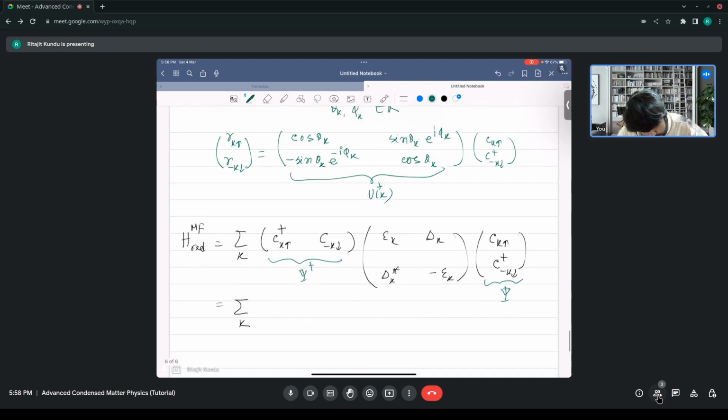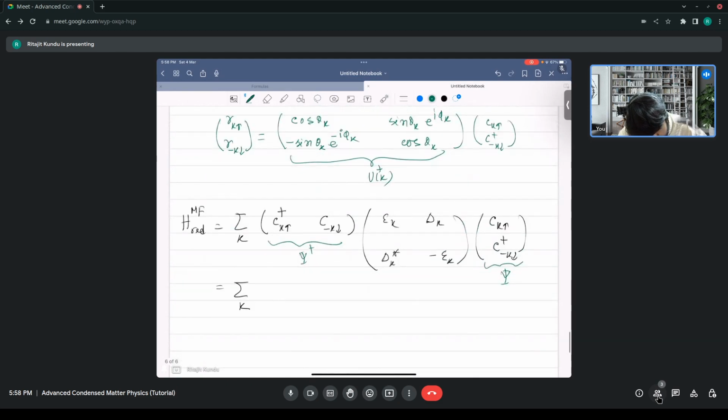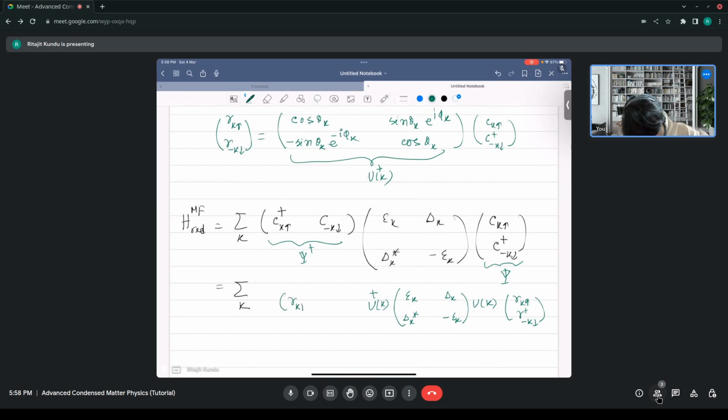I'll replace it with uk times gamma k up, gamma minus k down dagger, with this matrix epsilon k, delta k star and minus epsilon k, and on the other hand I have this uk dagger, gamma k up dagger and gamma minus k down.